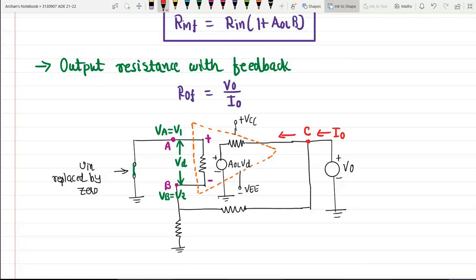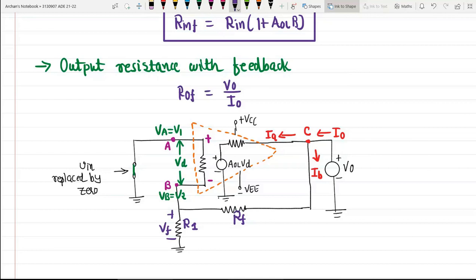Some part of current, let us say IA, flows this way, and some part of current, let us say IB, is flowing through the feedback resistance RF and the resistance R1. This resistance has a voltage drop of VF.